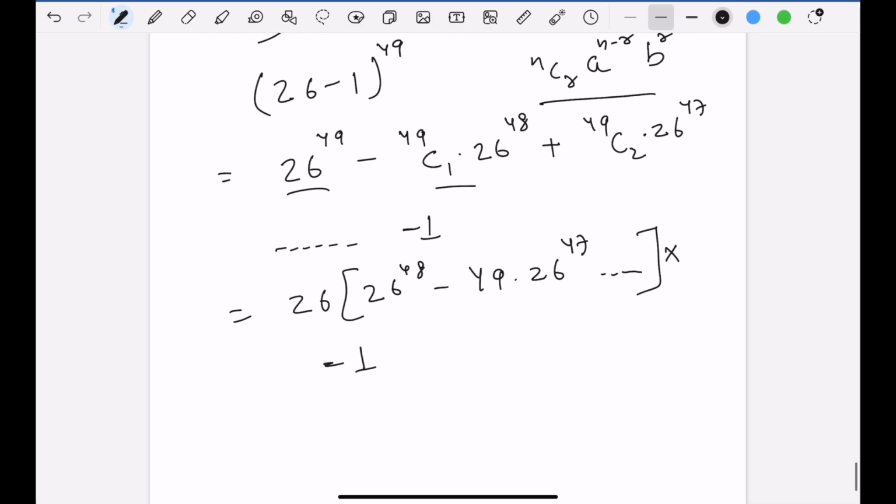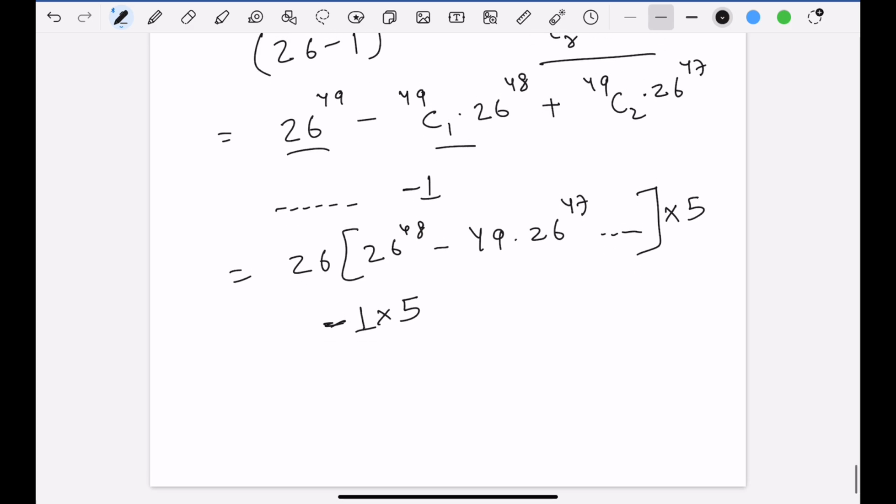So we can put 5 here. Now when we try to divide this whole thing by 13, since there is 26, which is 13 into 2, this part will be divisible with 0 remainder. We have minus 5 here.